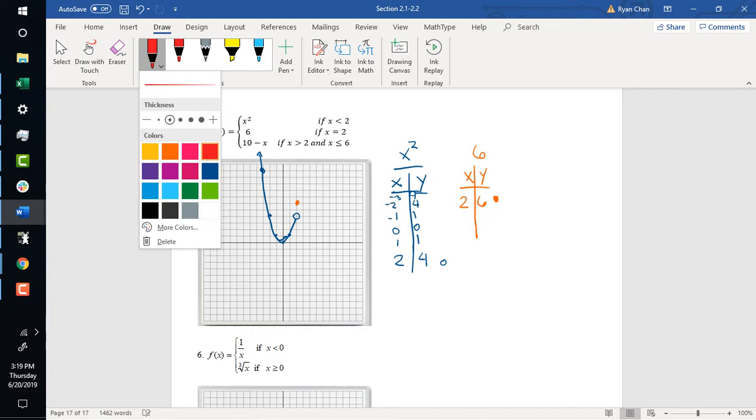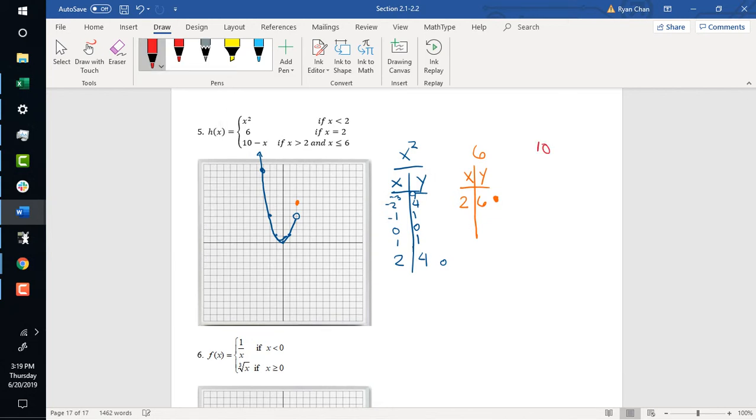And then lastly, I'm going to do 10 minus x. And I'm like, well, what is 10 minus x? This is actually a line that's going to go downwards because I have a negative slope. So this one is going to be the following here. I remember I'm also using 2 and I'm also using 6, right?